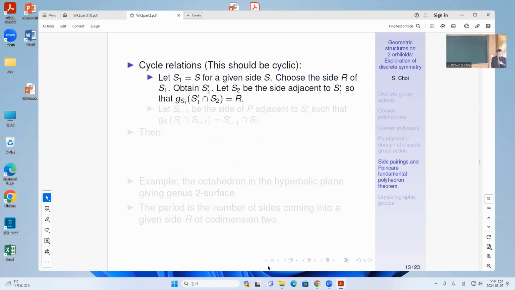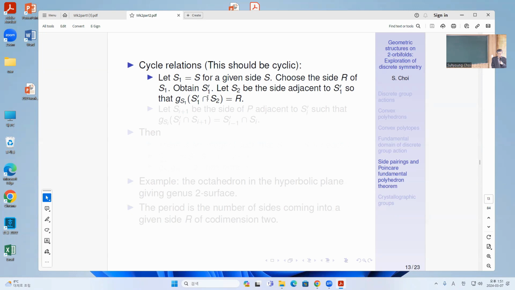And then you can obtain a cyclic relation. Let's say S1 is a given side S, and then you choose a ridge R of S1.